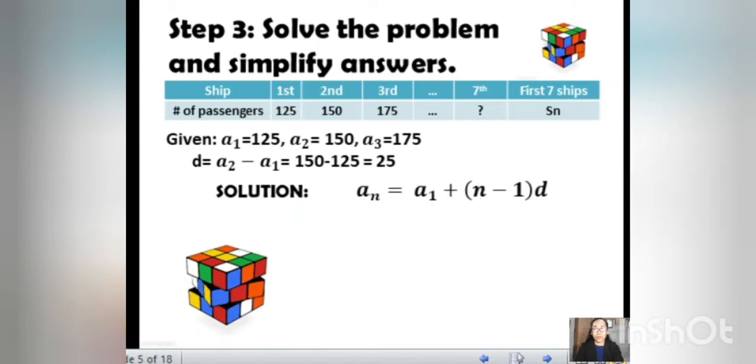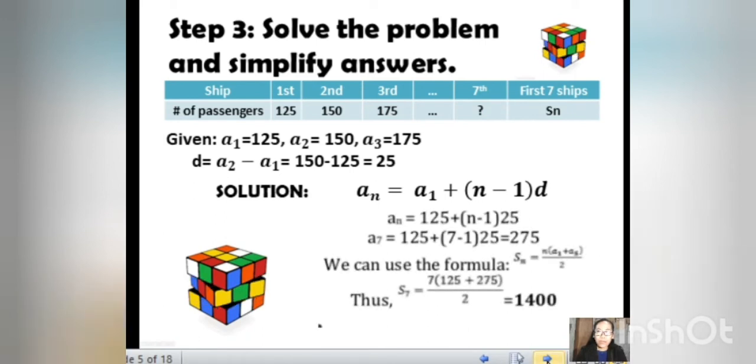Solution. We will find first the 7th term of that sequence. To find the 7th term, we will use the formula a sub n is equal to a sub 1 plus the quantity n minus 1 times d. So we will now substitute the givens into the formula.